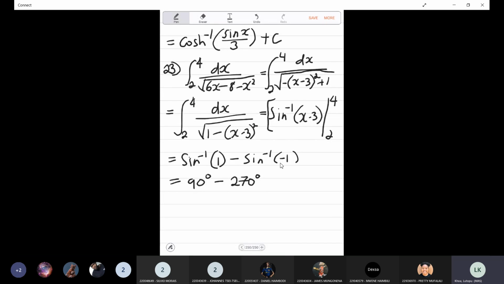Okay, so 4 minus 3. Or just type it in on your calculator like that. Sine inverse of minus 1.